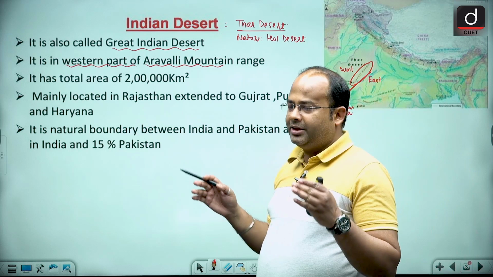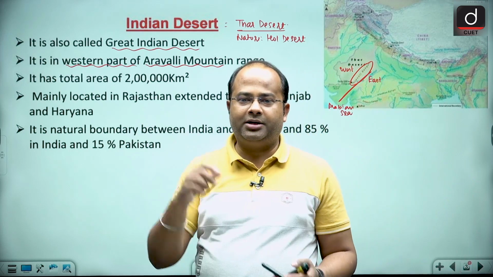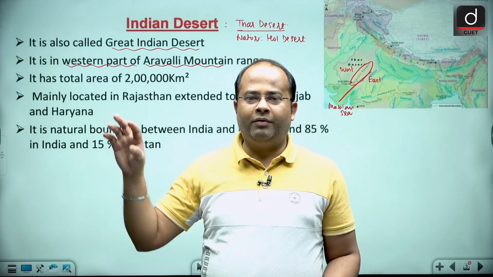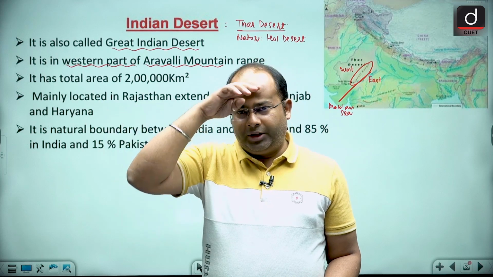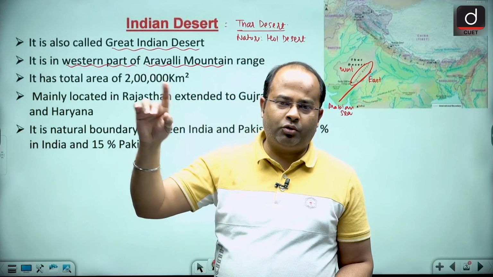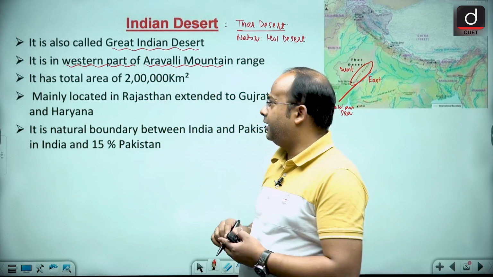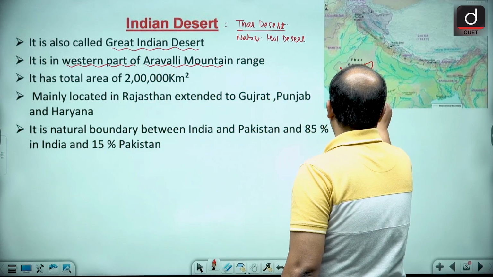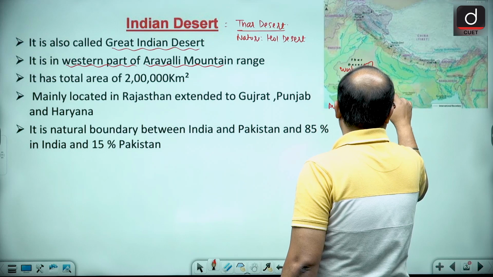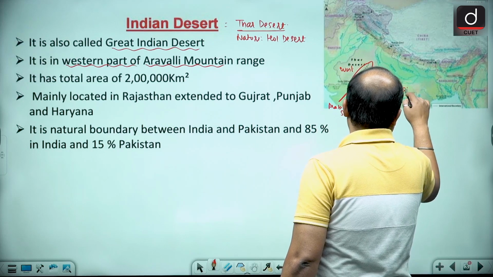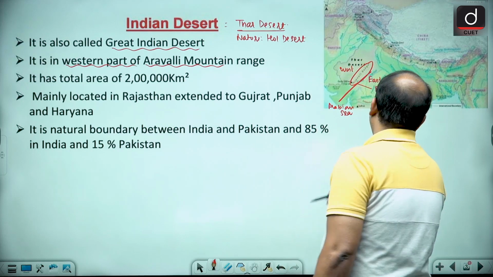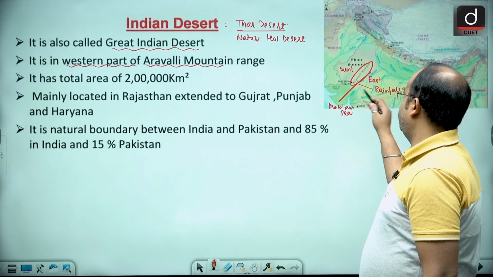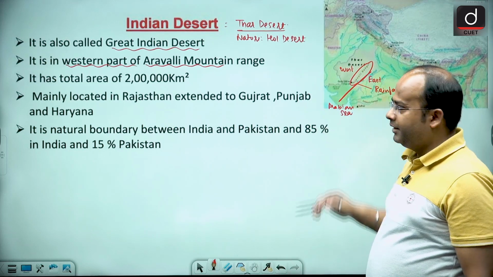When they hit the different mountains of the Aravalli, it starts raining. So the rainfall starts, and you will find that the region witnesses rains.